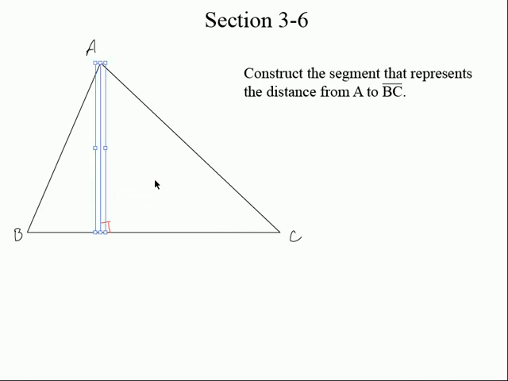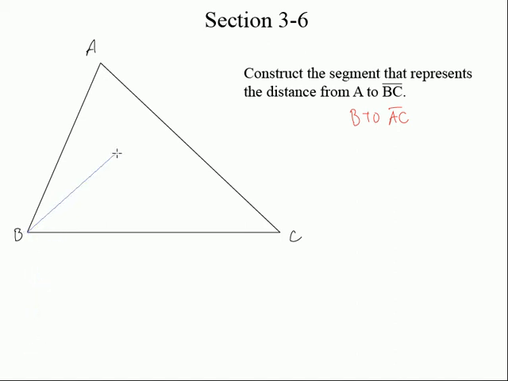Let me show you why I don't want you saying straight down. I've already showed you once, but I'm going to show you again. What if I said, instead of from A to BC, from B to AC? The whole reason I didn't want you just to say straight down is because if I go from here, do I just go straight down to get a distance to AC?